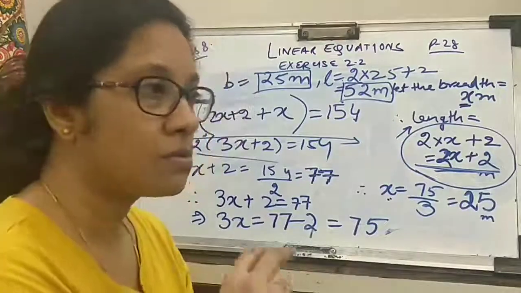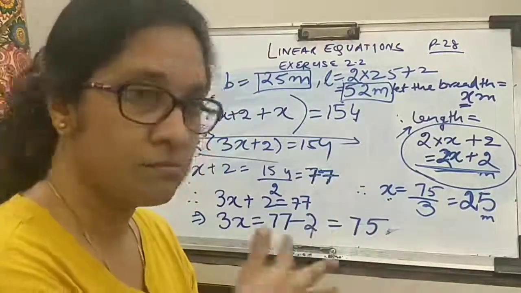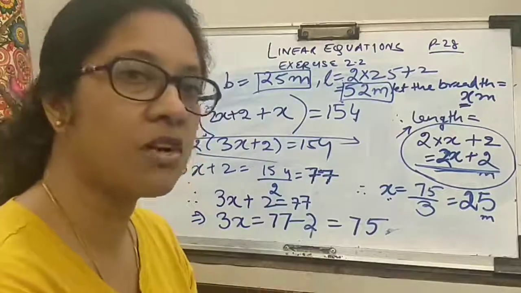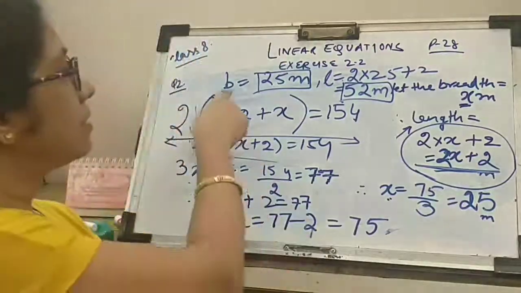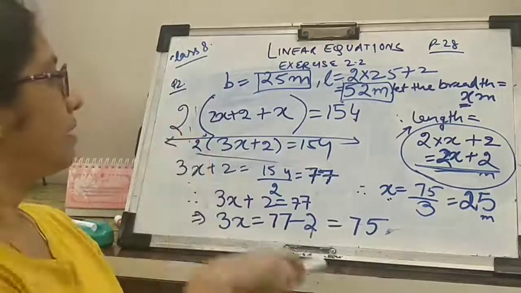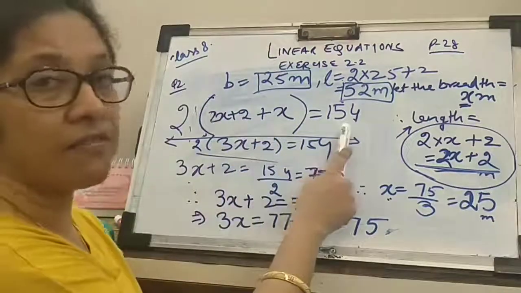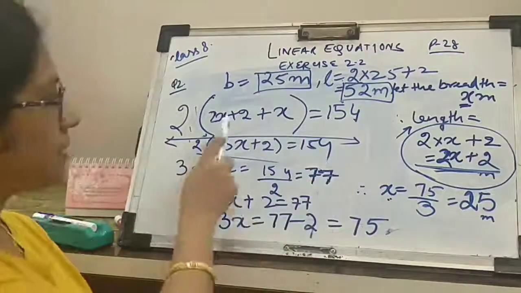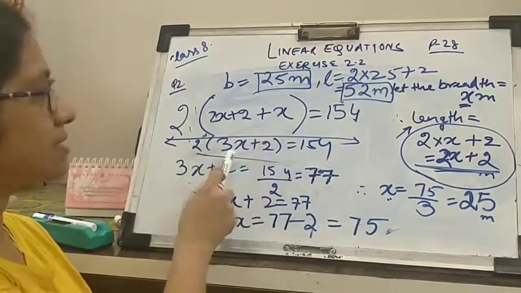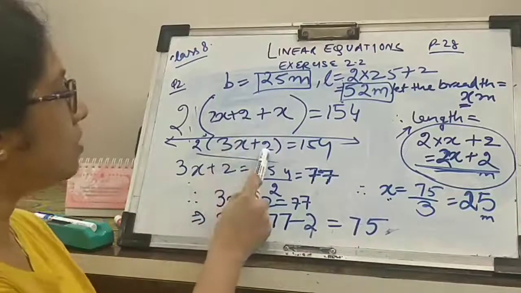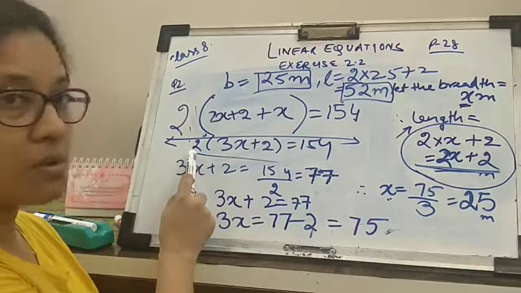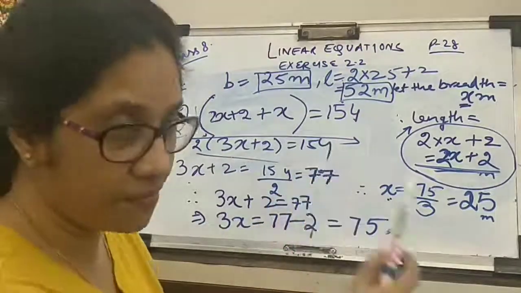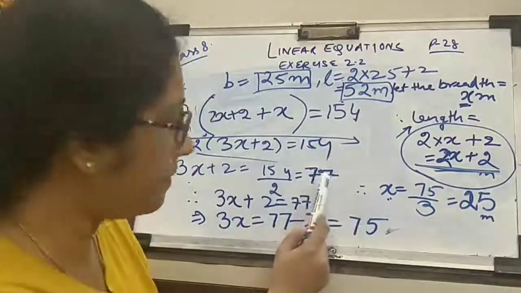Okay? So how do I relate L and B? With the perimeter, which is already given to me, which is twice of L plus B. Twice of L plus B is 154. Just simplify it. Simplification, 2x plus x is 3x plus 2. And then this 2 is taken to the denominator here. 154 by 2 comes out to 77.